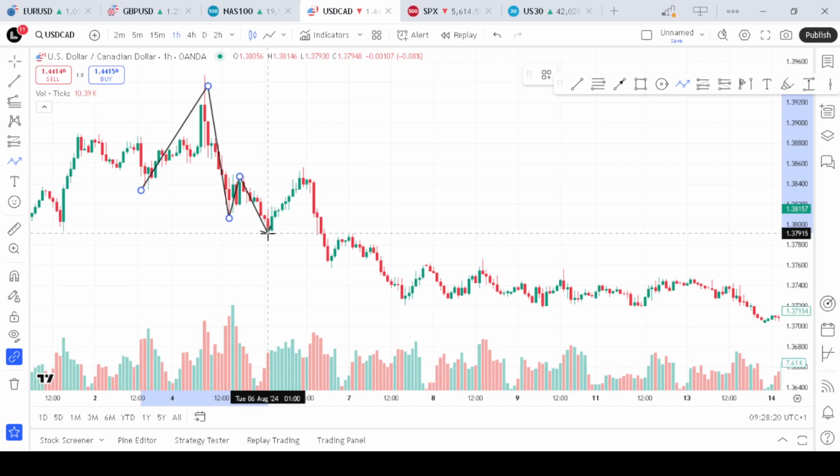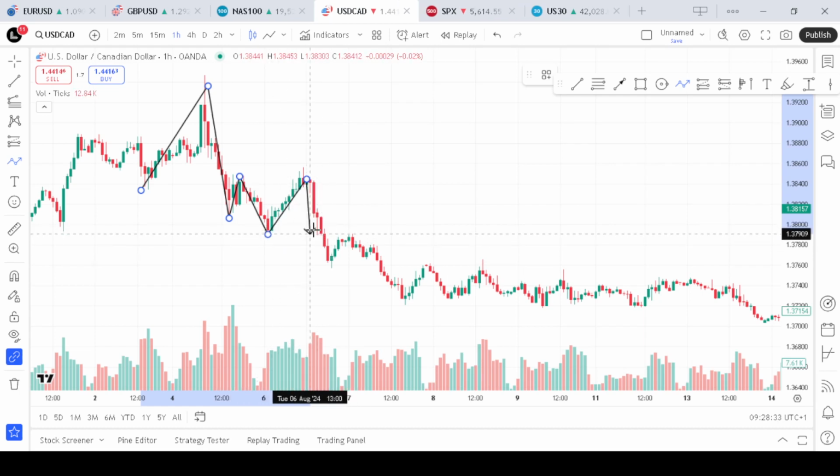It breaks down, forming a lower low. It retraced again to retest the area and form the hooks pattern before price broke the low of the hooks pattern.